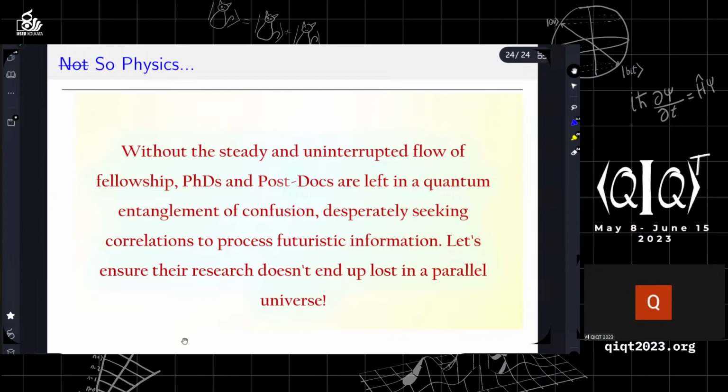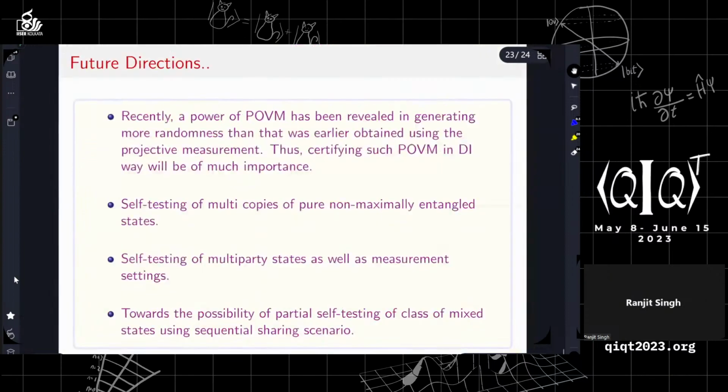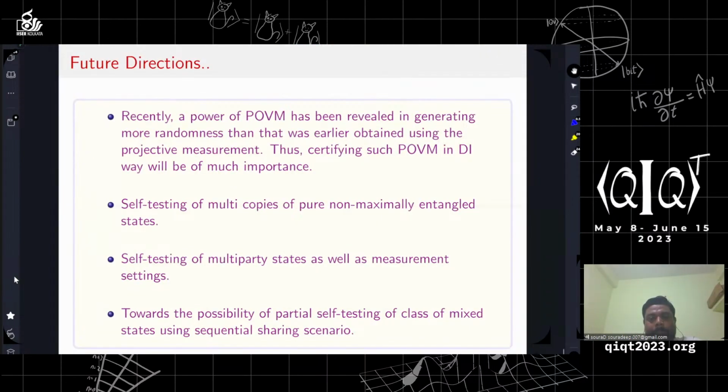Okay, any other questions? Can I ask a question? Yeah, a quick question can be asked. Thank you for your talk. You are using POVM. Yeah, POVM.